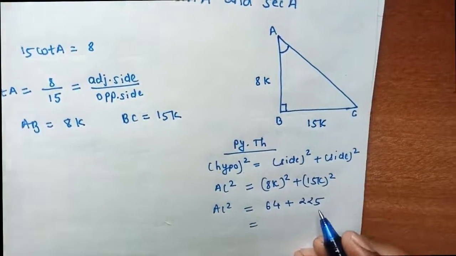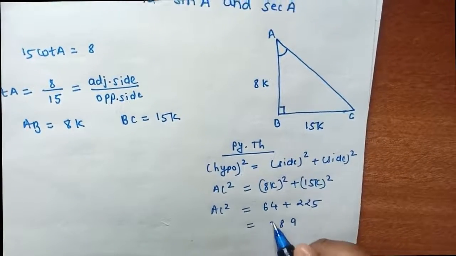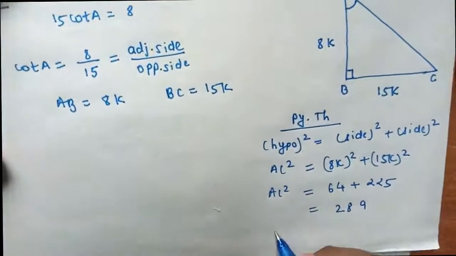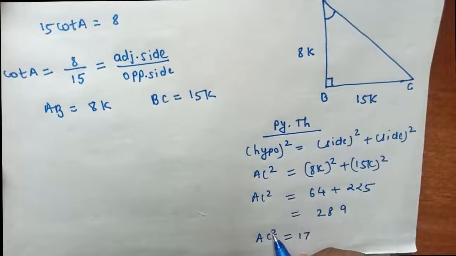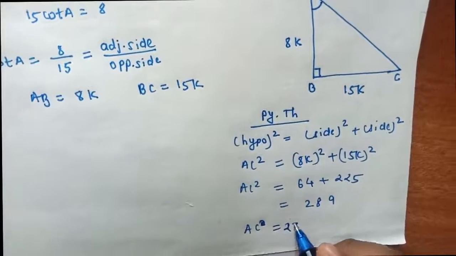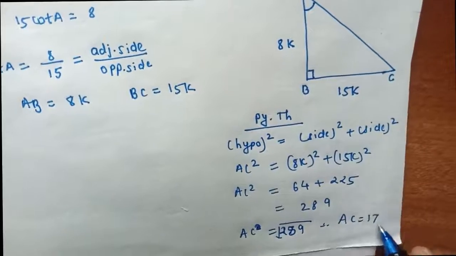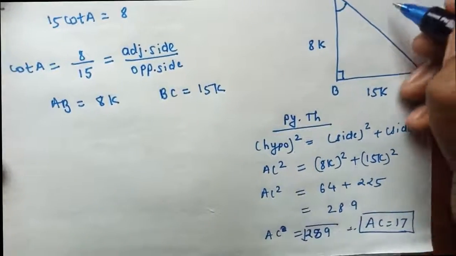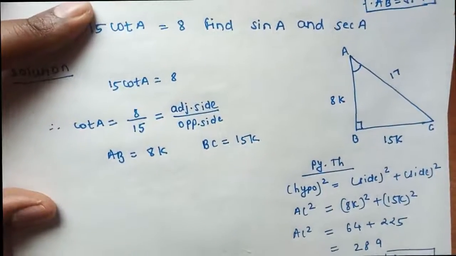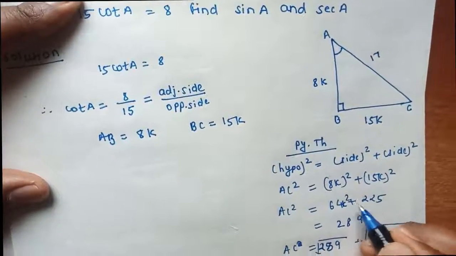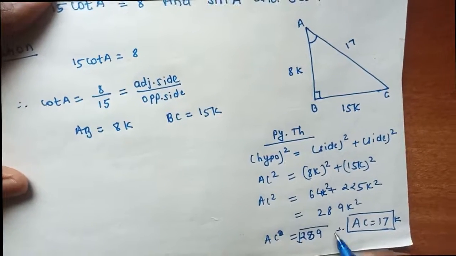If you add both, 4 plus 5 is 9, 6 plus 2 is 8, so 289. So AC is equal to the square root of 289. Therefore AC is equal to 17, and thus we got the hypotenuse of the triangle. Here k square also comes, so it will become 17k.